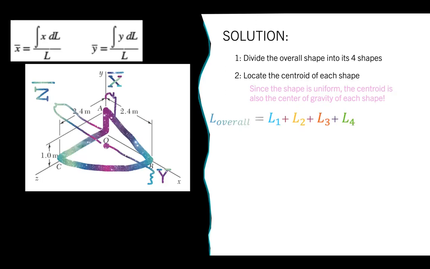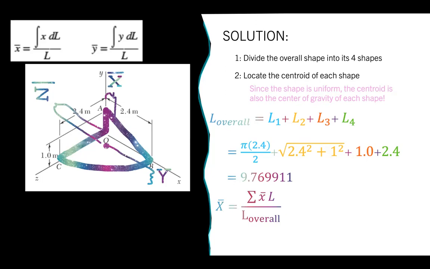So L over all is thus equal to L1 plus L2 plus L3 plus L4, which is equal to 2.4 pi over 2 plus the square root of 2.4 squared plus 1 squared plus 1 plus 2.4. And that is in turn equal to 9.769911.